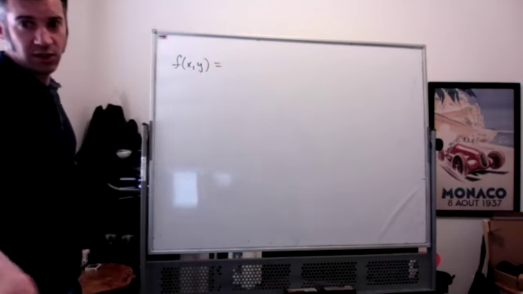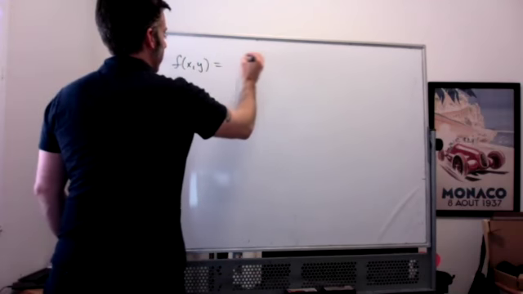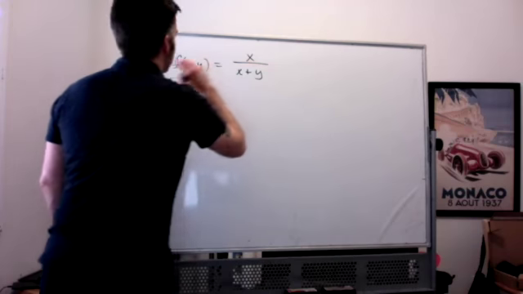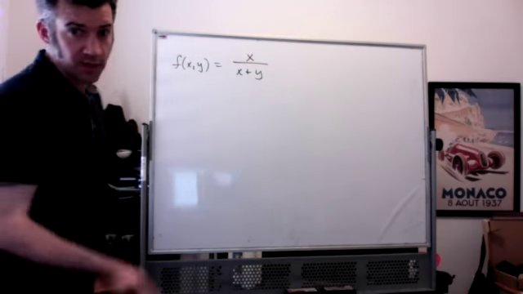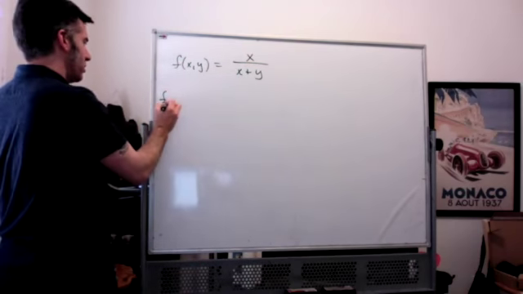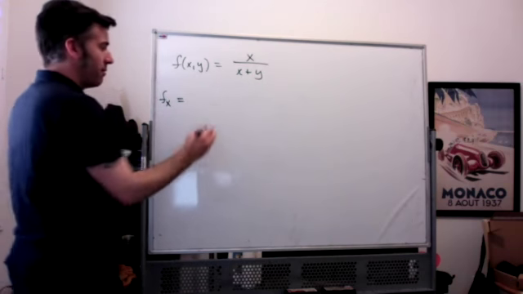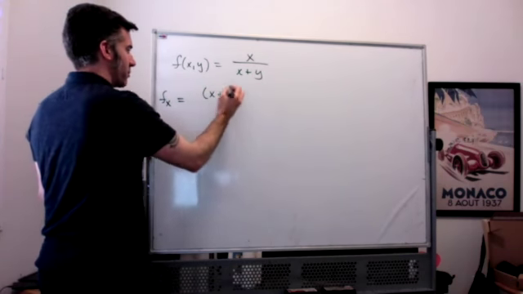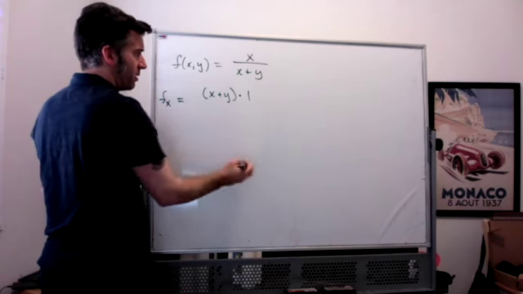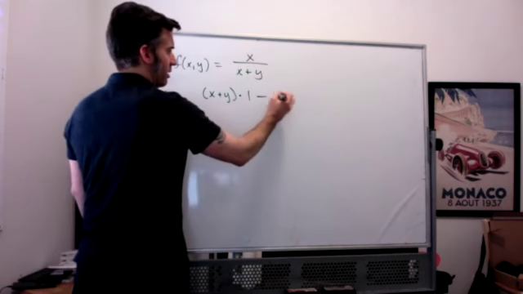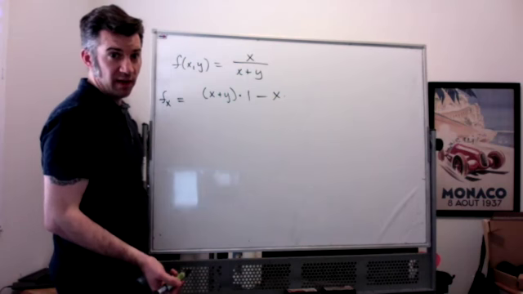Let's look at this function of x and y: x over x plus y. Let's find all the things. So let's find the partial fx. Bottom times the derivative of the top minus the top times the derivative of the bottom.